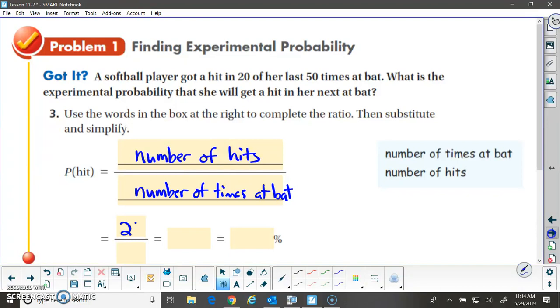So this would give us 20 over 50, which as a decimal is 0.4. As a percentage, it gives us 40%.